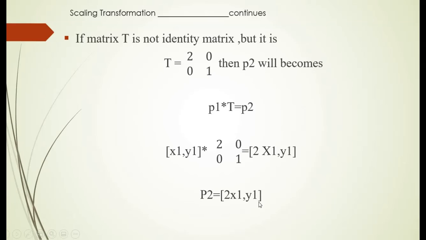That is, all the x coordinates get doubled as compared to the original one, but the y coordinate remains the same as the original. So here the x coordinate will get double and the y coordinate will remain the same.